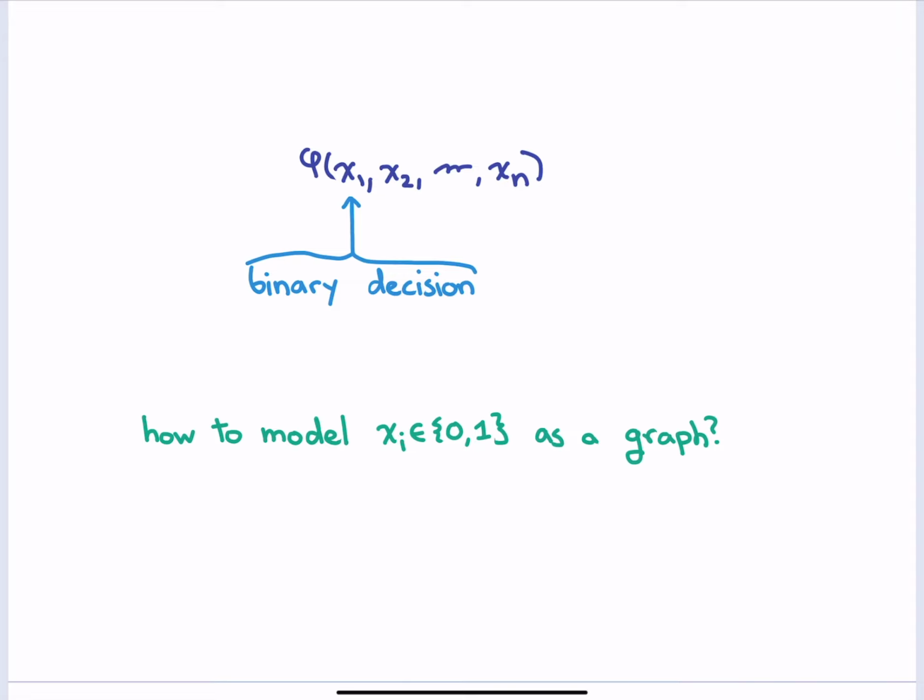So maybe you're saying, I have some vertex vi that corresponds to variable xi, and somehow I create two edges leading out of it, and somehow this should represent selecting 0, and this should represent selecting 1. Okay. That's an idea. Any other ideas?